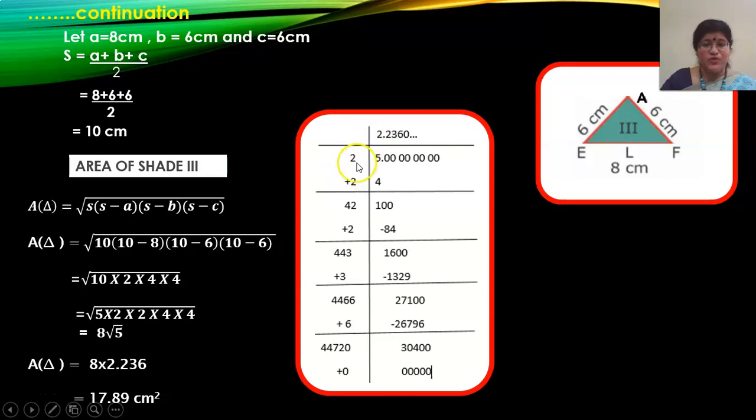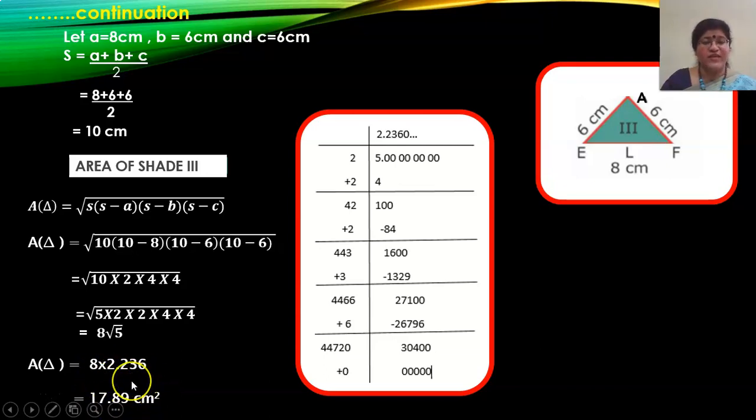You multiply by 2, so you add 2 to it, so you get 4. You have to put in one more number out here. If I put here 2, you get 42 into 2 is 84. If you take 43, you get a number greater than 100. Then when you subtract, you get 16. Bring down the other two zeros. Continue doing it up to 3 digits after the decimal. So the answer that you get here is 2.236. And when you multiply that by 8, this is the answer that you get.